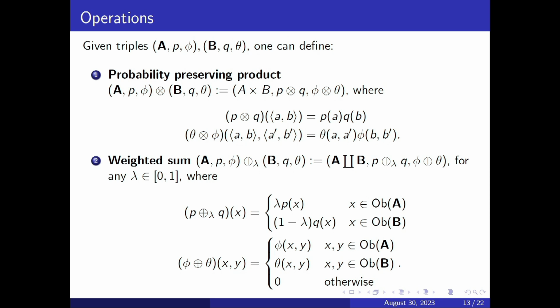So A has a loss P and B also has a loss Q, and here you're doing a convex combination of those two. Because A and B are disjoint in this construction, since the sum takes the disjoint union, the transitions are disjoint too.